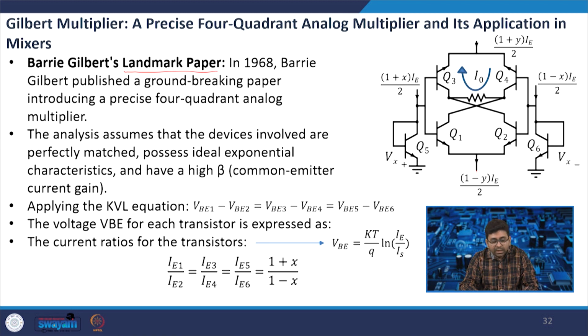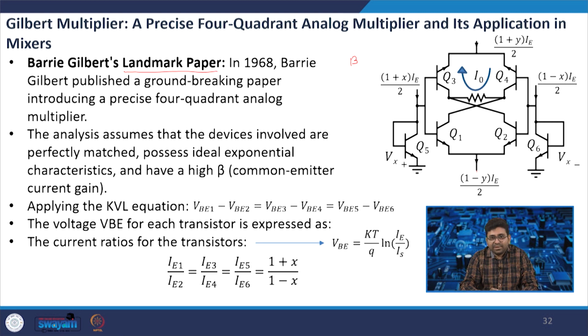In this analysis, it is assumed that the devices involved are perfectly matched, have ideal exponential characteristics, and have a high beta. The common emitter current gain, given by beta, is very high.